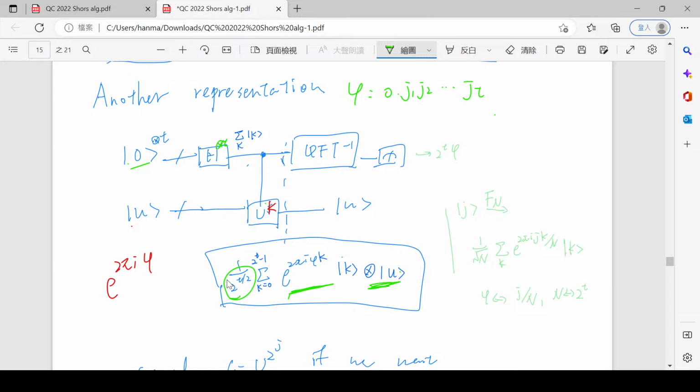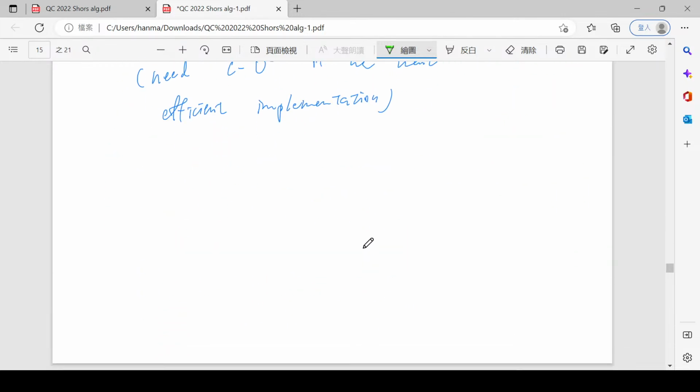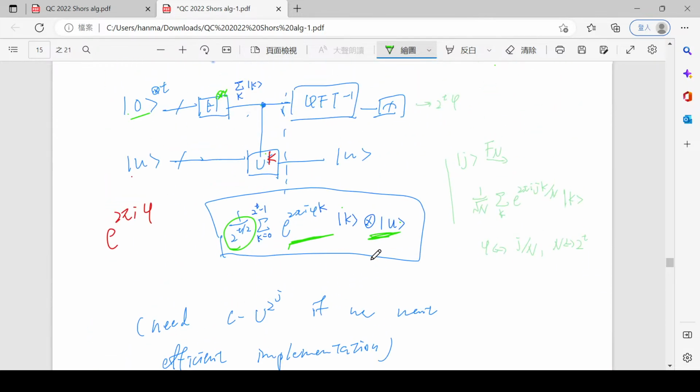And we'll see next class that if you do inverse QFT, you get back what you want. Okay, so let's have a break here, and let's continue next class. We'll probably finish very early today because I don't want to go into the very, very annoying part today.